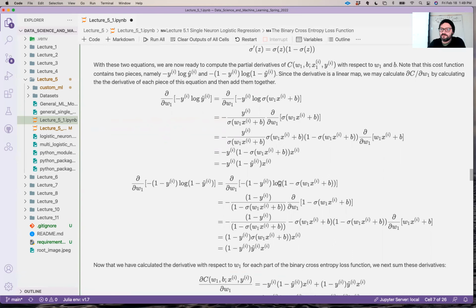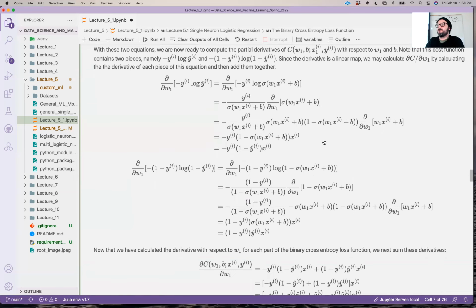That's the derivative of the log, 1 over whatever's inside there, times the derivative of the inside. Back up to this line here: the derivative with respect to W1 is the coefficient of W1, and that b is nothing, it's just 0.